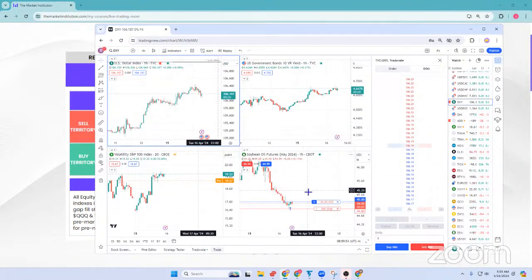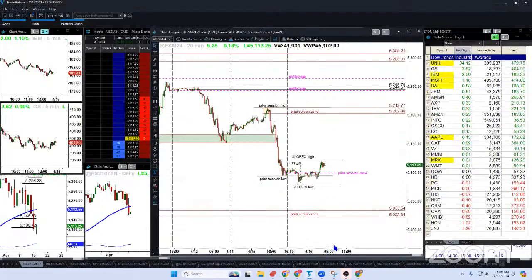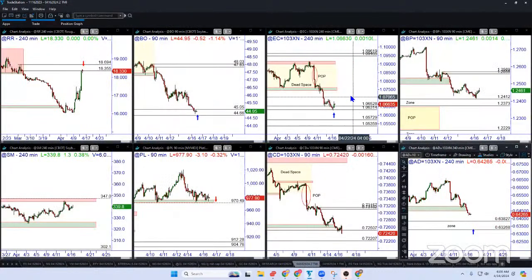I'm currently in a trade with the soybean oil that is in our zone. We'll come and check that out real quick. And here we go. Yeah, we have the euro popping up. Rough rice is also in a supply zone.